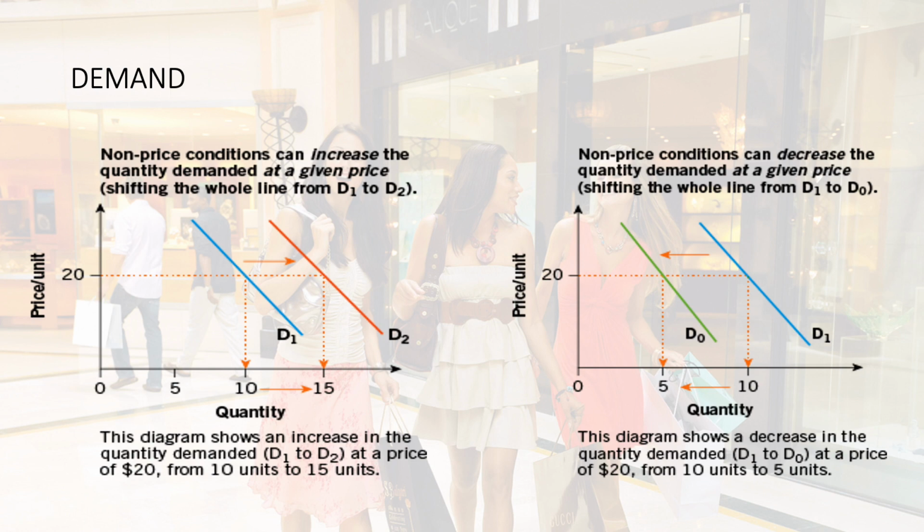On the other side of the slide, we can see non-price conditions decreasing the quantity demanded. So in this situation, some of the factors we've talked about in this particular set of slides have caused the demand line to shift to the left. And by shifting to the left, we're reducing the quantity demanded, in this case going from 10 units down to 5 units.